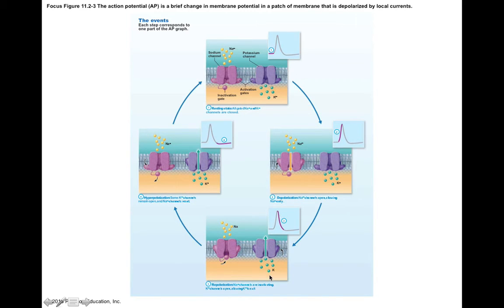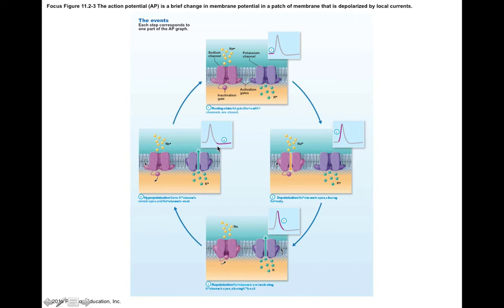But because you're removing positively charged potassium out of the cell, it makes our voltage negative back down towards rest. But because so much potassium flowed out of the cell, there's a phase here called hyperpolarization, which is essentially when the inside of the cell becomes slightly more negative than the rest.